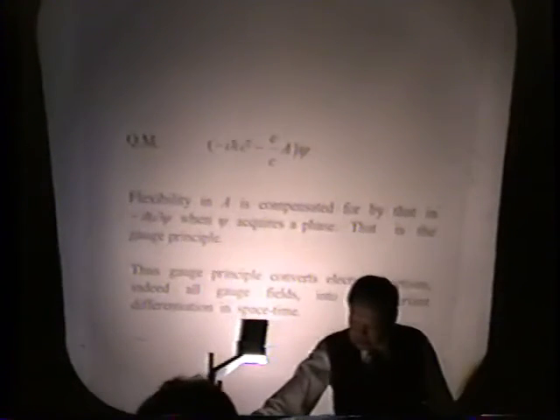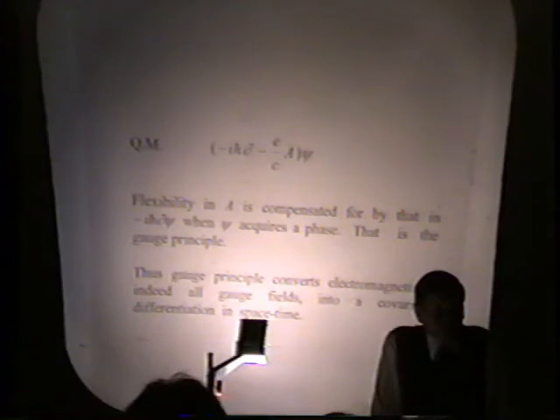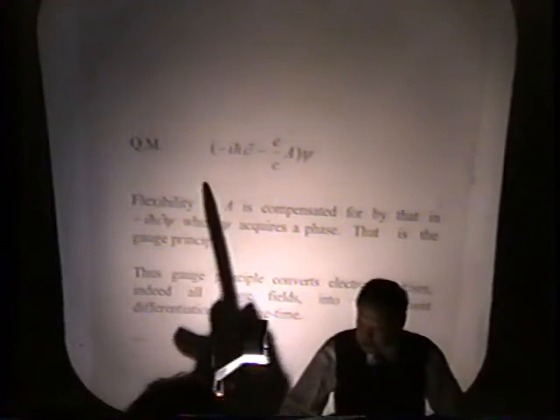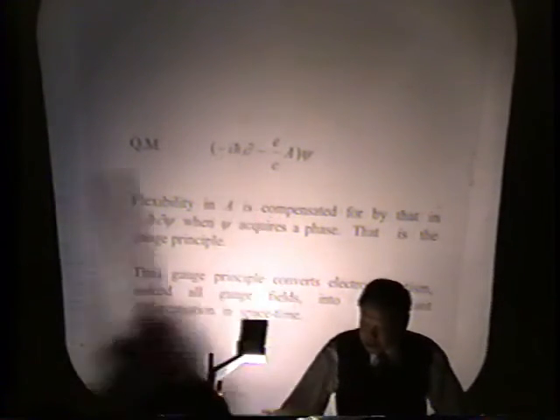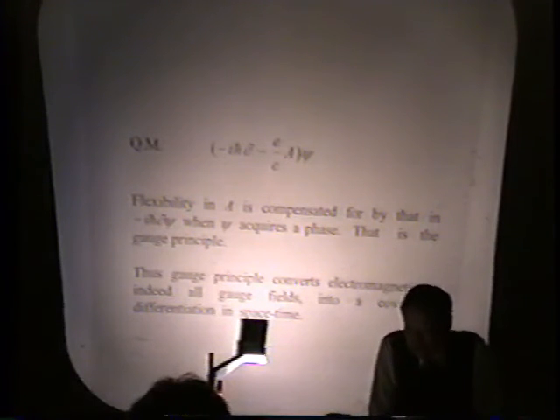Now, the way that the vector potential enters into field theory today is because of this expression where P replaces the minus i h bar del, the differential operator, a la quantum mechanics.